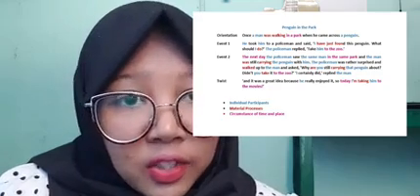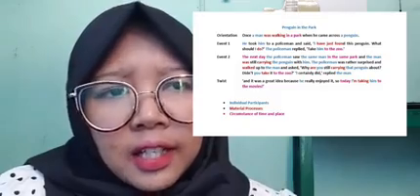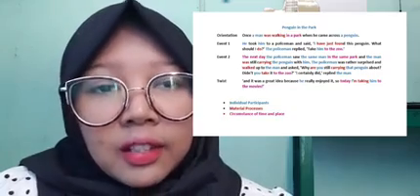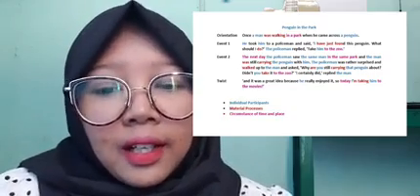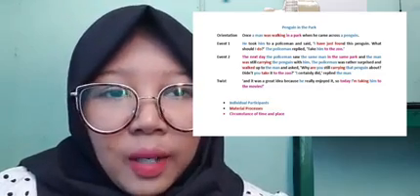And the generic structure of spoof text in the first paragraph is orientation, and event 1, event 2, and so on, and the last is twist or the unpredictable and funny ending.